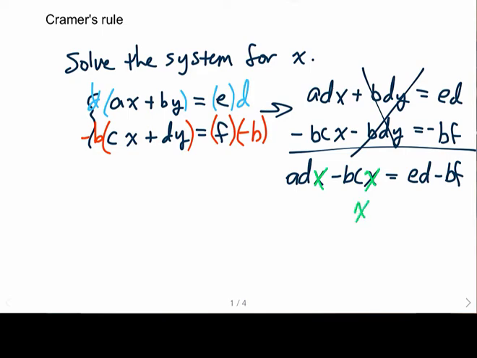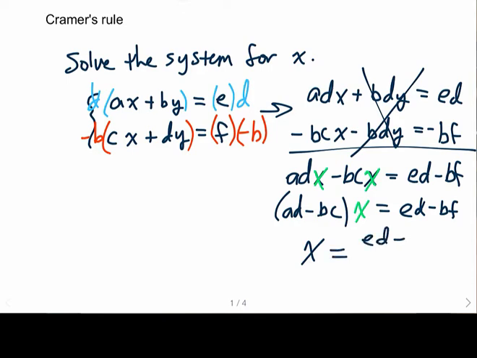And so I'm going to factor the x out, and I'm left with ad minus bc. And on the right-hand side, I have ed minus bf. Dividing by the parenthetic quantity to isolate x, I get ed minus bf divided by ad minus bc.